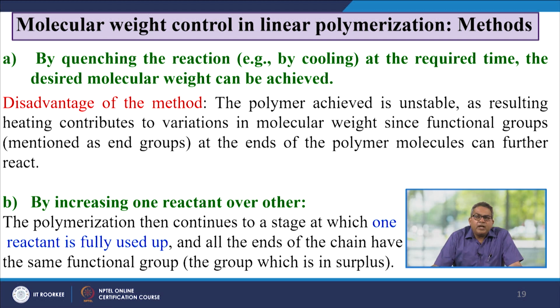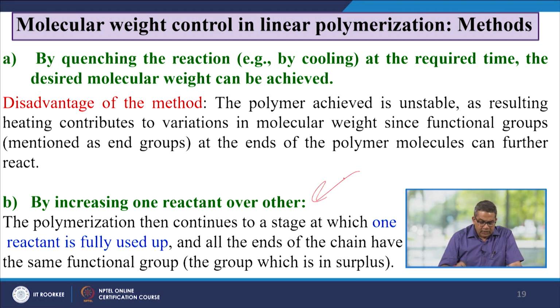One method is quenching the reaction by cooling at the required time to achieve the desired molecular weight. The disadvantage of this method is that the polymer obtained is highly unstable in nature, and subsequent heating contributes to variation in molecular weight, since the functional groups or end groups at the end of the polymer molecule can further react.